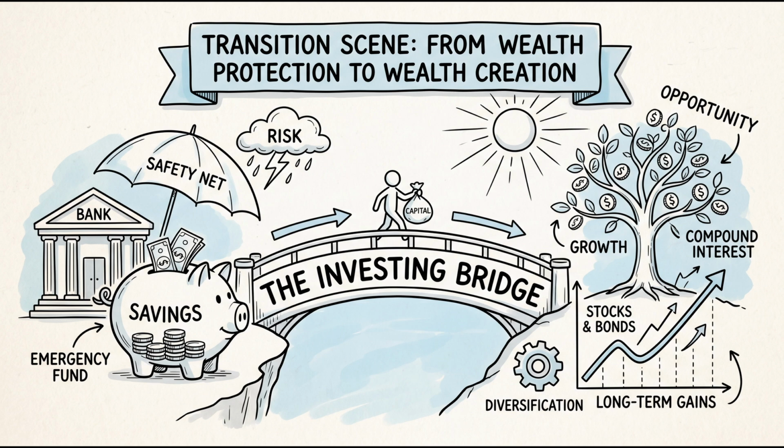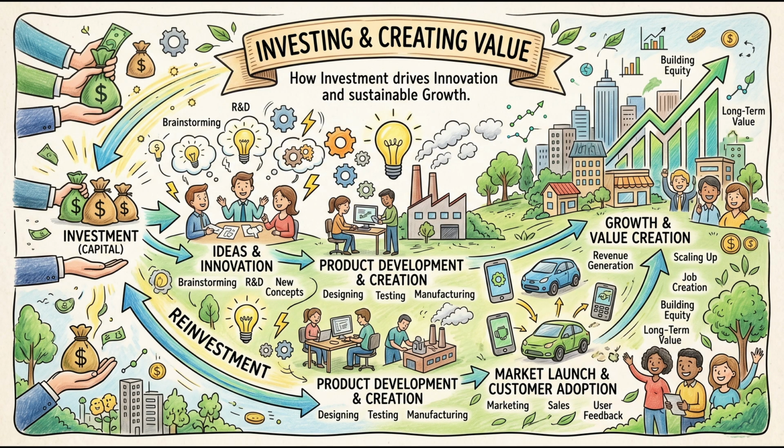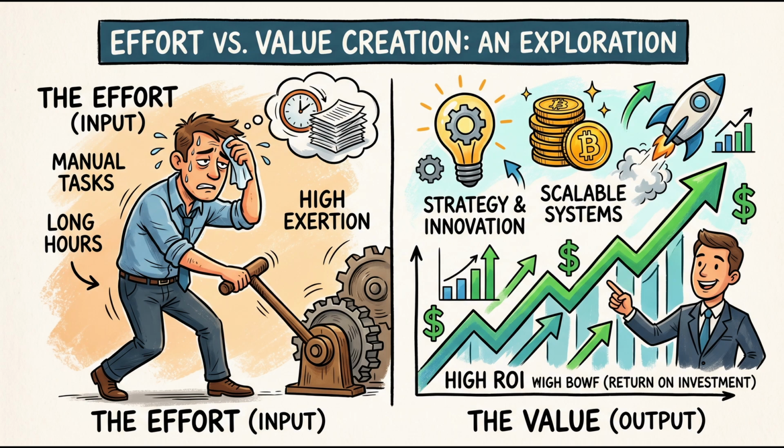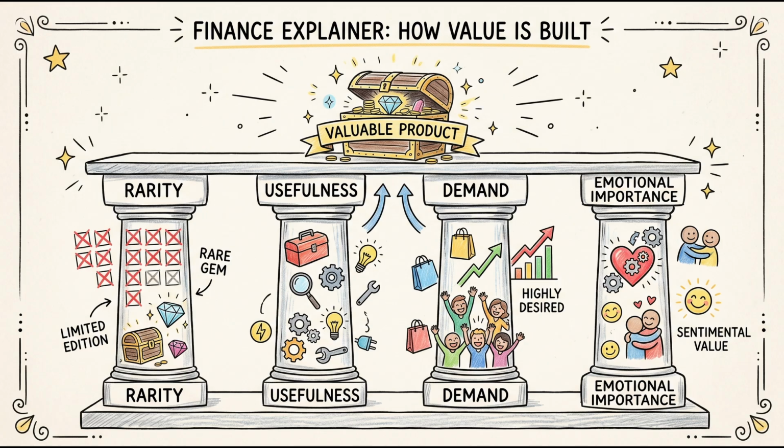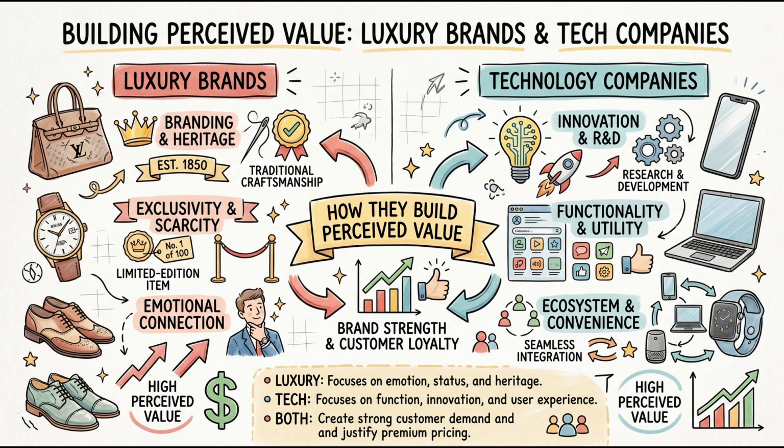Okay, now we're going to transition from just protecting your wealth to actively building it. Part 5, investing in creating value. Here's a hard truth. Wealth rarely comes purely from raw effort alone. Humans don't pay you based on how hard you sweated. They pay based on perceived value, and that value is created through rarity, usefulness, demand, and emotional importance.